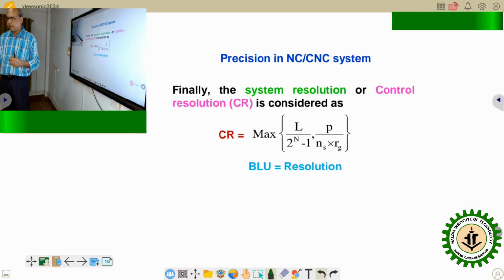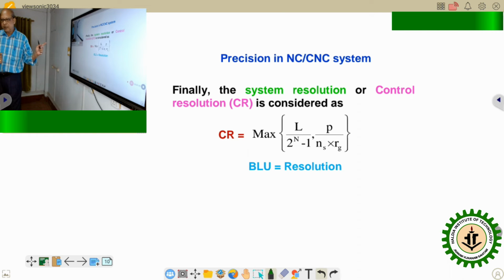You can calculate through your brain, but you cannot implement it. But in case of NC, we have to implement in reality. Unless the slide moves by 0.01, what is the necessity of defining resolution in the order of say 0.0001?